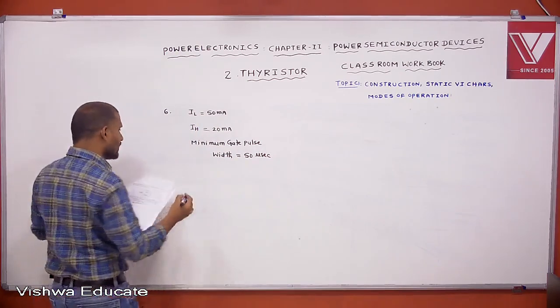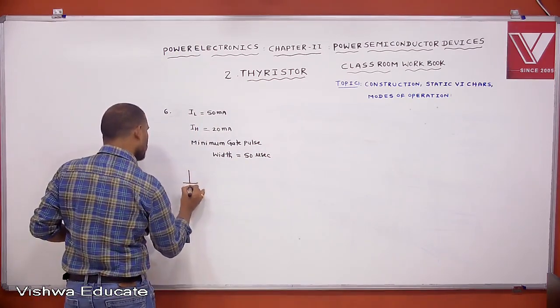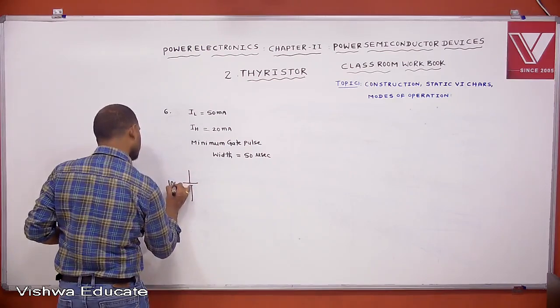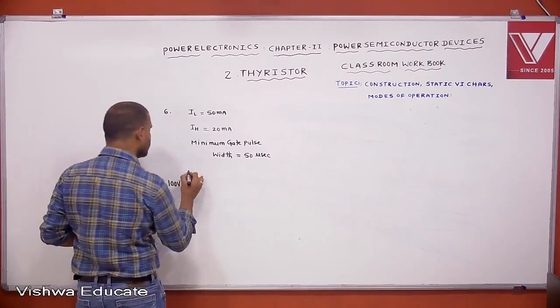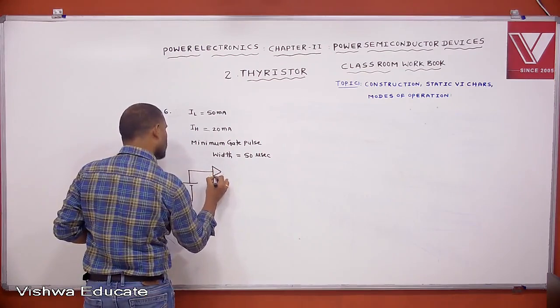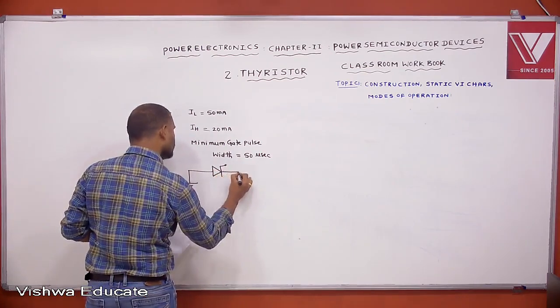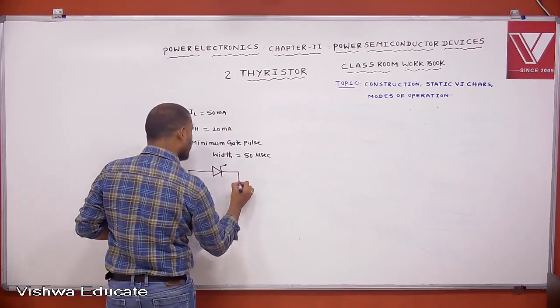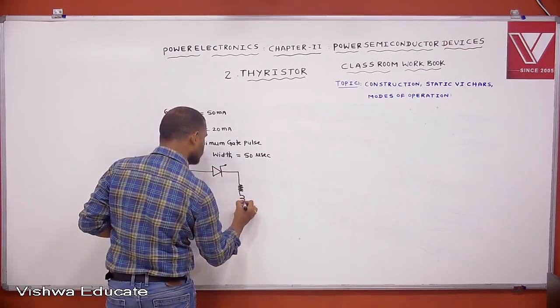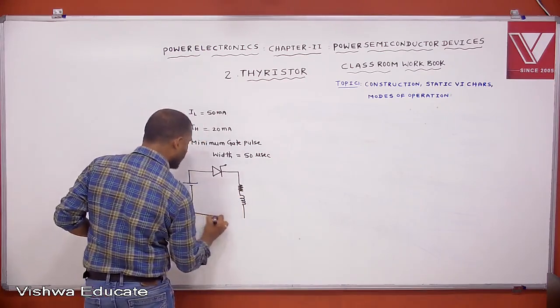This is the given circuit. This is 100 volts, thyristor. It's 20 ohms, 200 millihenry.